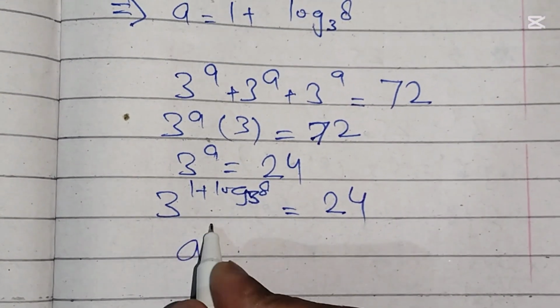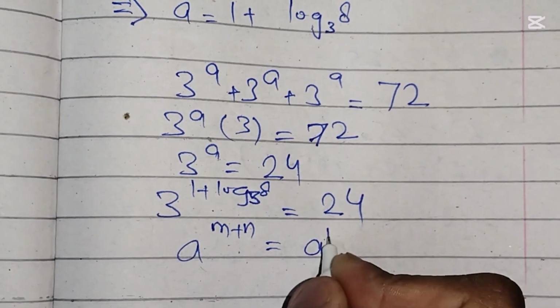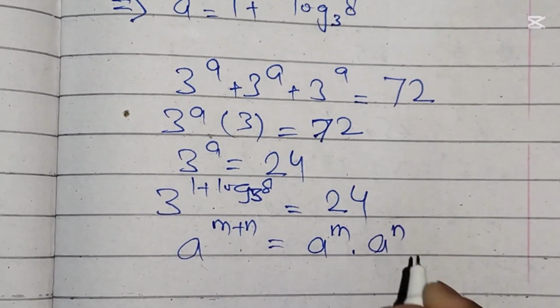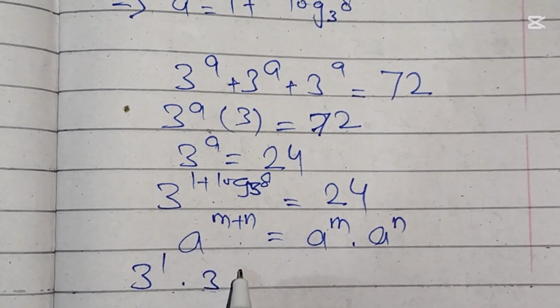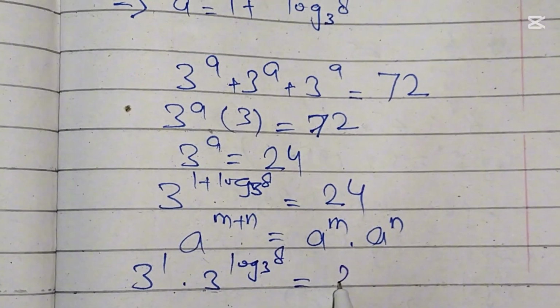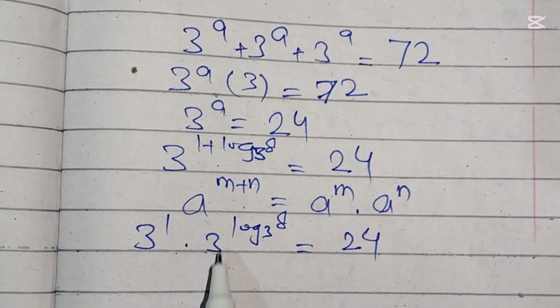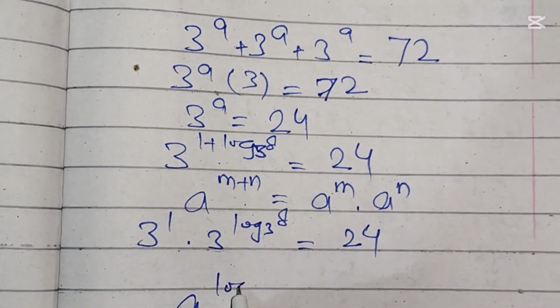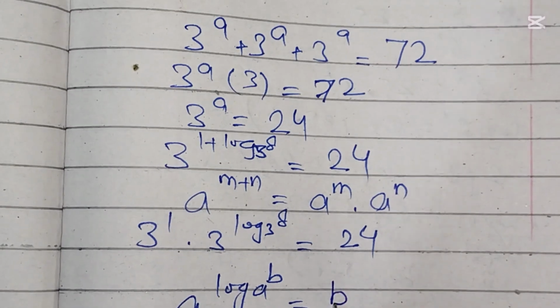We know that a power m plus n can be written as a power m times a power n. It will be 3 power 1 times 3 power log of 8 with the base 3 equals 24. Now focus here. We have the formula a power log of b with the base a is always equal to b.